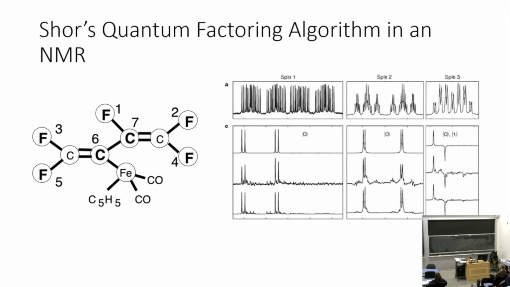Spin 2, this fluorine on the right, and spin 3, the fluorine at the far side. Okay? So these are fluorine 19F NMR spectra. So they did this time averaging to get the experimental spectra for the effective pure ground state. I don't have the plot for those on here, but it's basically just one line for each of the spins.